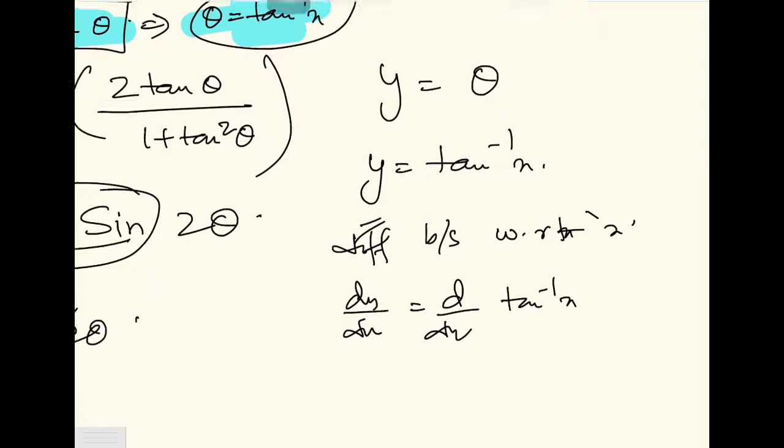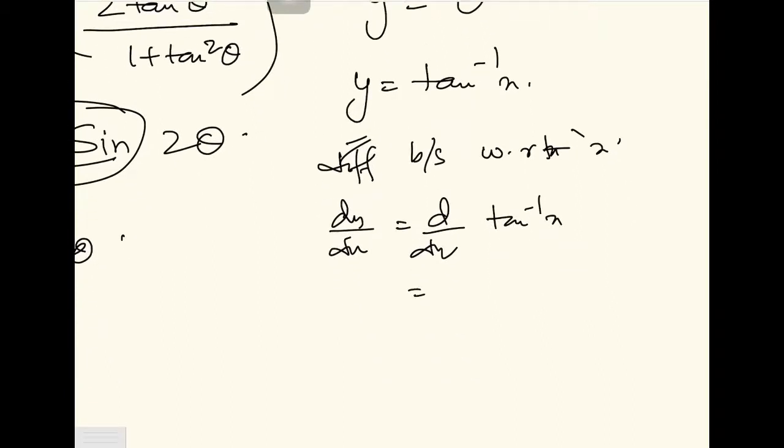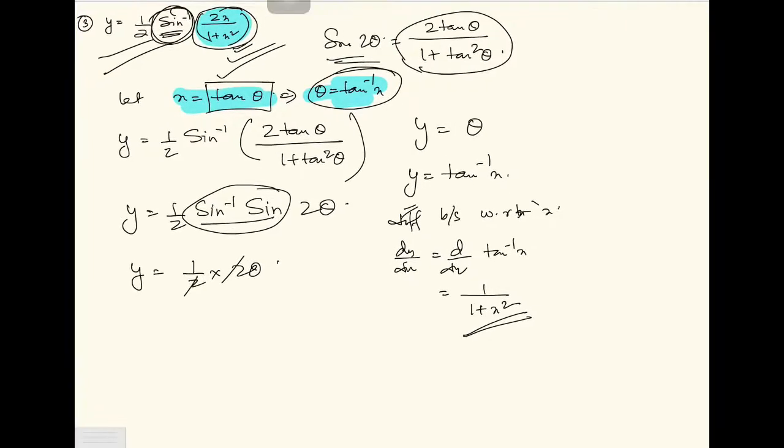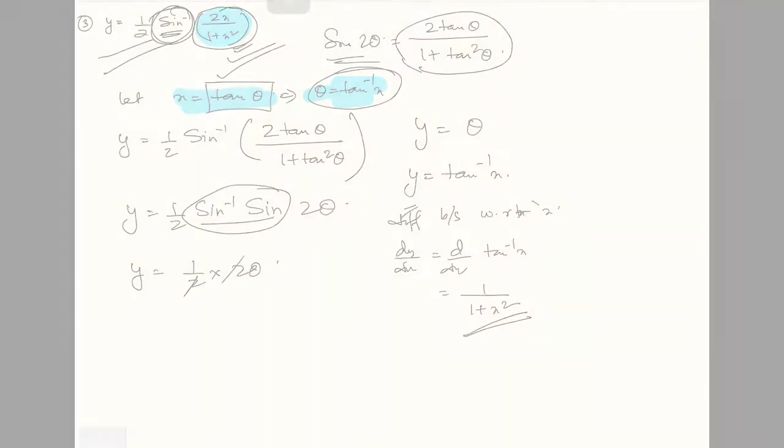What is d/dx of tan inverse x, everyone? d/dx of tan inverse x is 1 divided by 1 plus x squared. So that is the answer for this particular sum. I hope you have understood this. So how did we simplify our inverse trigonometric function? We didn't directly differentiate it. We simplified it first and then we differentiated it with respect to x.